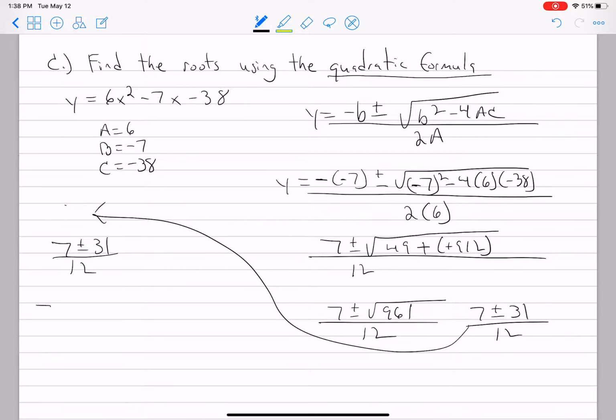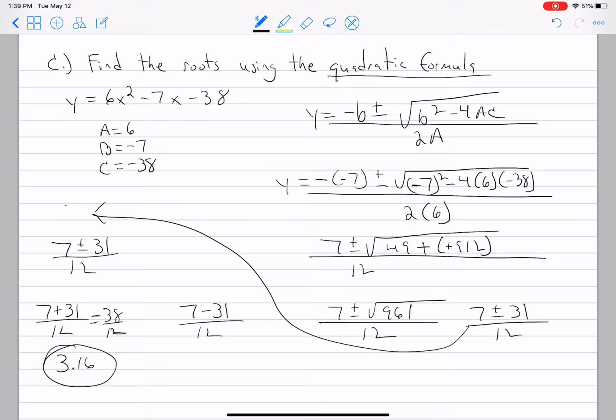Well, what does that mean? 7 plus 31 over 12, and whatever that equals, and then 7 minus 31 over 12. This is 38 over 12, which is, let's see, 38 divided by 12 is 3.16. 3.16 is a root. I didn't change it into a fraction, I just kept it.